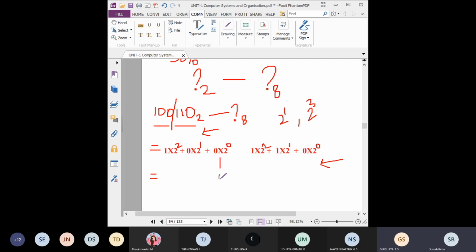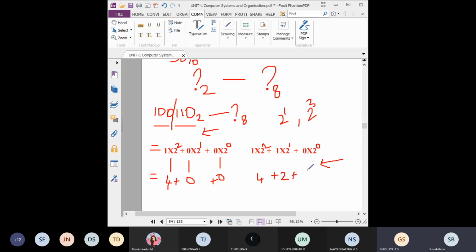This one 0, this one 0, 0. Here 2 square is 4, 4 into 1 is 4. The next one, 4 into 1 is 4. Then the next one, 1 into 2 power 1 is 2.